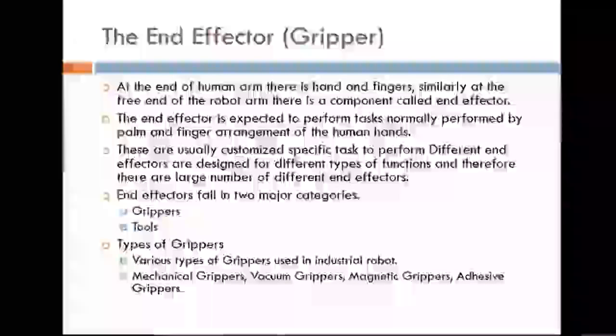So grippers are end effectors used to hold objects. Gripper means to grip any object.